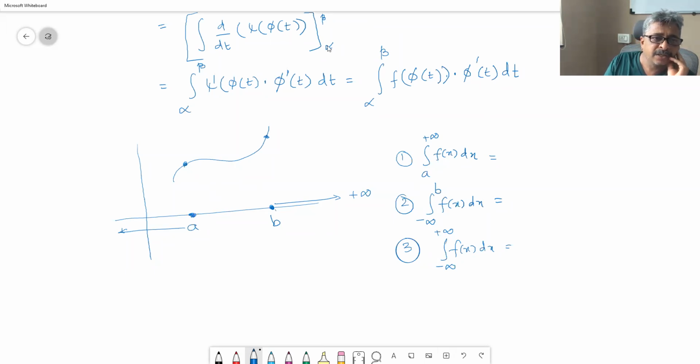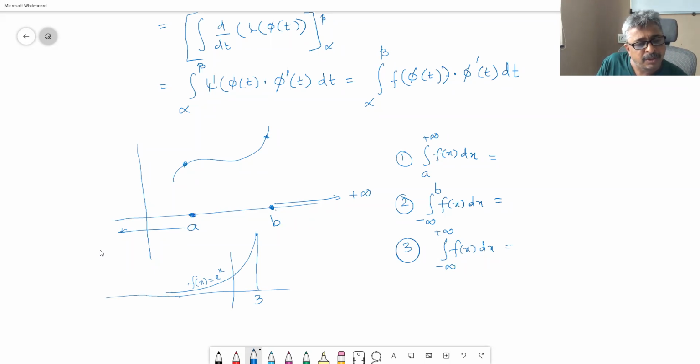So if you were the responsible person for doing this job, what will you do? Example in this case, which I can give you now, is some function, say f of x is equal to e raised to x, and you are going to stop here, say at 3. You know that this is asymptotic, it will never cross the x-axis.